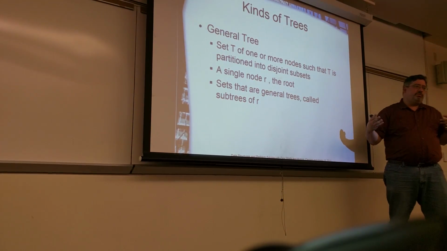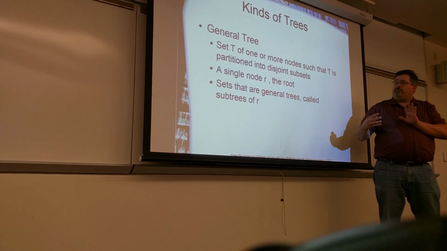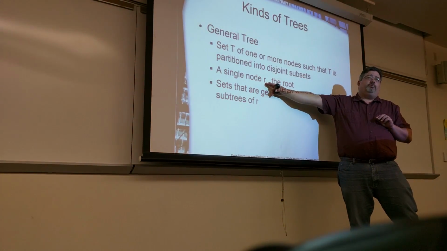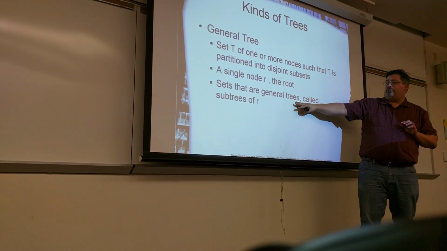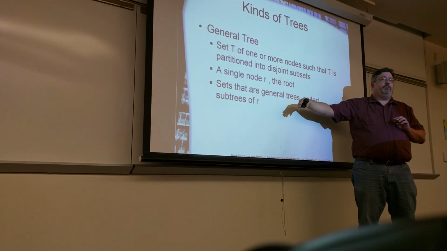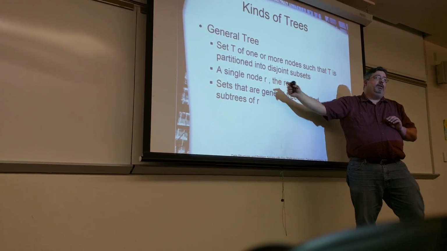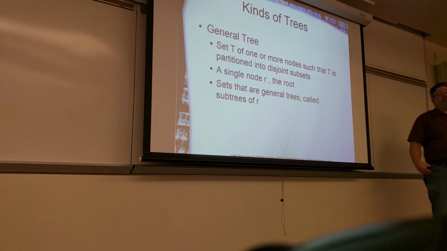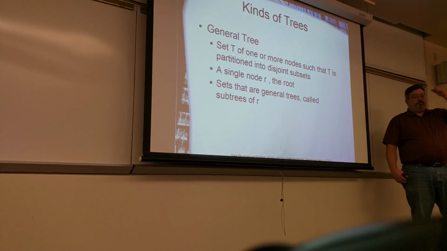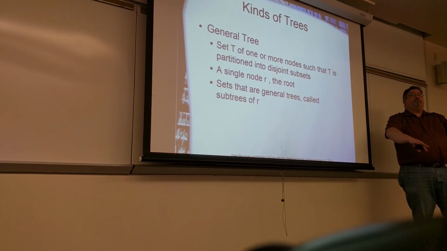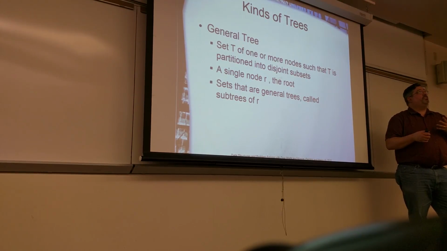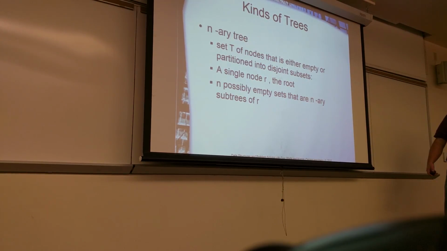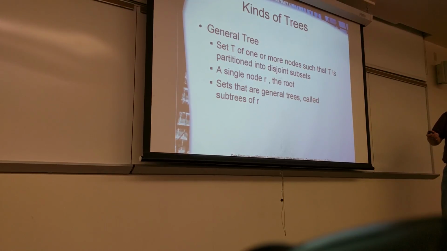So T is a set of nodes, where you have a single node, which we call the root R, and the other subsets are all general trees, which are subtrees of the root R. So this is a fancy way of saying the definition of a tree is a root, and then all the subtrees below the root. And each of those is defined as its own root with its own subtrees. So it's a recursive definition. That's just the general tree.